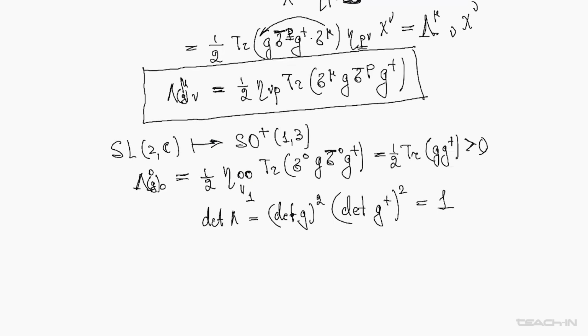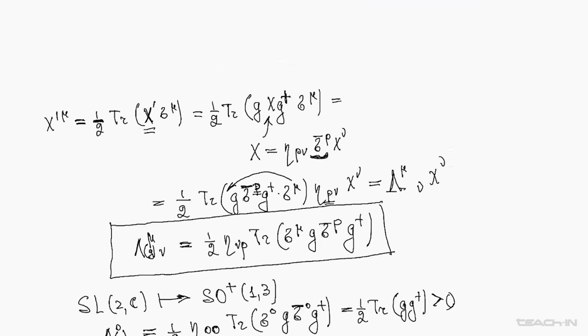What is actually very interesting is that this map from SL2C to SO plus 1,3 is a map 2 to 1, which means that in fact you have two matrices of SL2C which go to one matrix of Lorentz transformation.